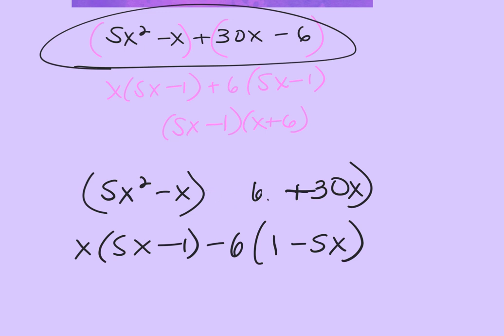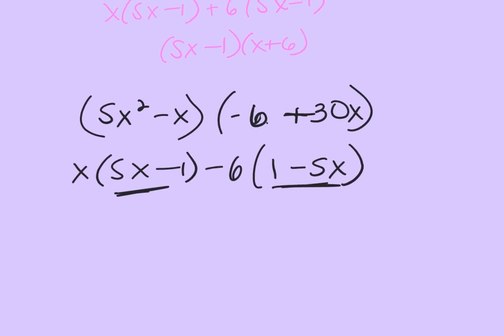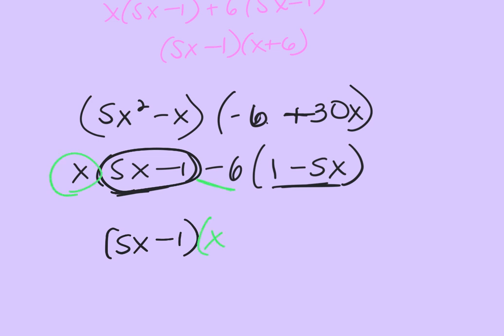Let's say after you factor it, you end up with this, where these are not the exact same things, but they are opposites. If that happens, then you can take the first one, whatever this one is, and use that as the greatest common factor. Leave the x, the one next to the first one, but change the sign on the 6, which would be what would happen if I changed that sign, it would reverse it.